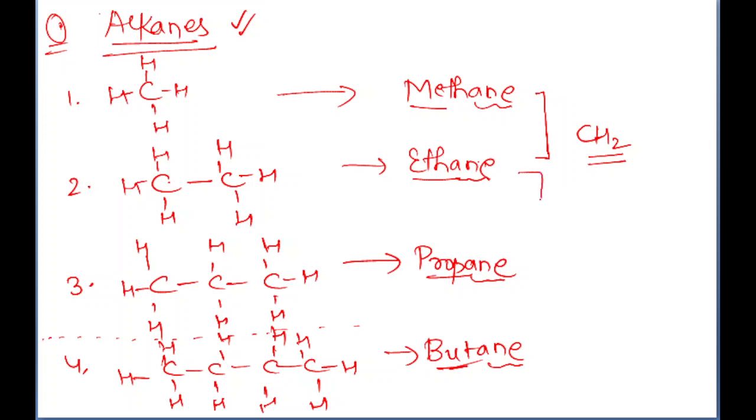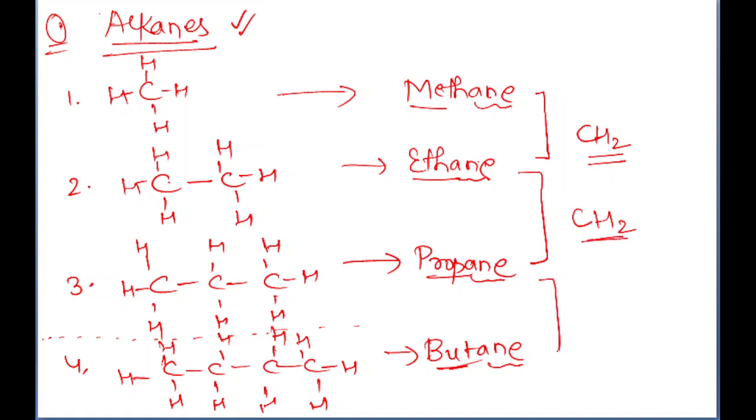Now compare ethane and propane. In ethane you have 2 carbons, and in propane you have 3 carbons, so the difference is 1 carbon. Now count the hydrogens. In ethane there are 6, and in propane we have 8. So 8 minus 6 is 2. Again the difference of hydrogen is 2.